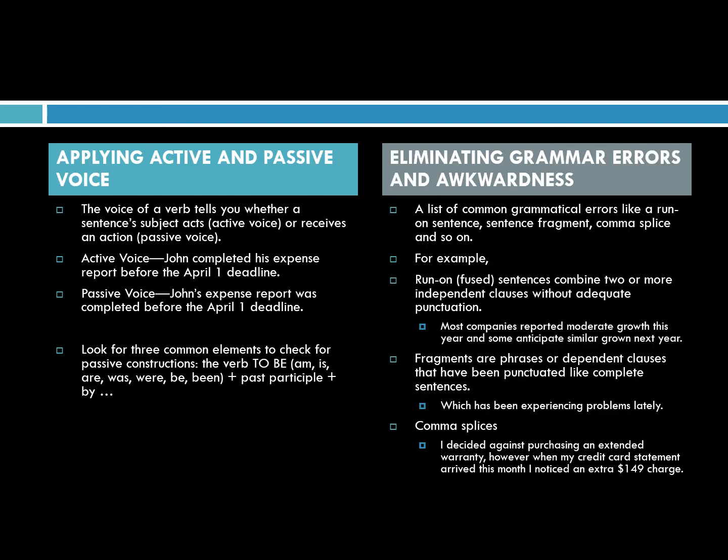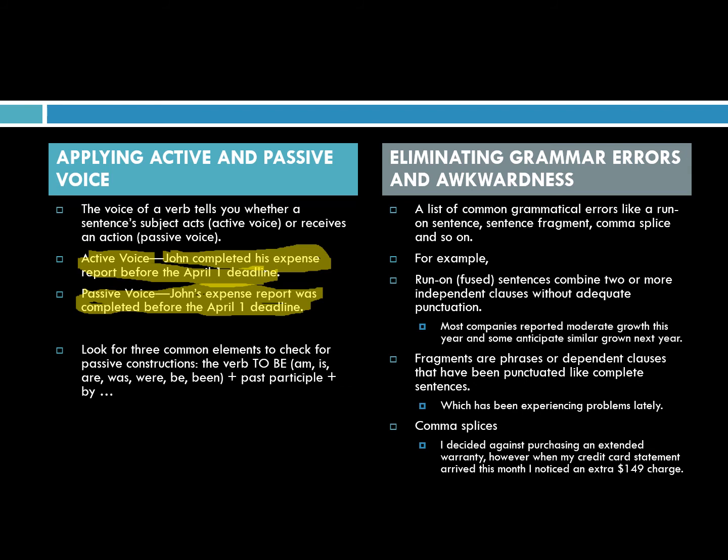And then applying active and passive voice, which they went over in the last chapter. An active voice is, for example, John completed his expense report before the April 1 deadline. So this is your active voice. This is what I'm reading from. And the passive voice here, John's expense report was completed before the April 1st deadline.